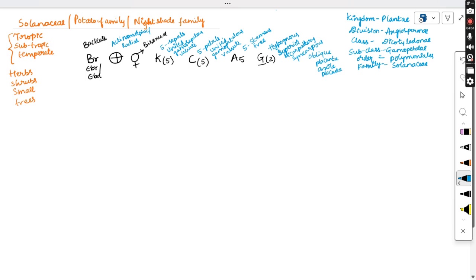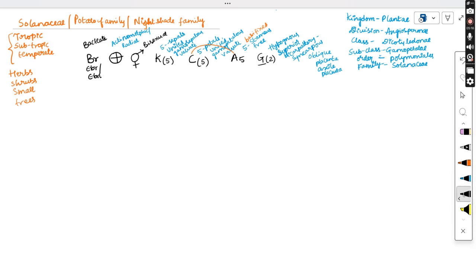You can see the 2 chambers, a bilocular, bicarpellary, syncarpous condition. And in this case, all these 5 stamens are of the basifixed type. So these are basifixed stamens and show the epipetalous condition. All these 5 stamens are connected to the petals.